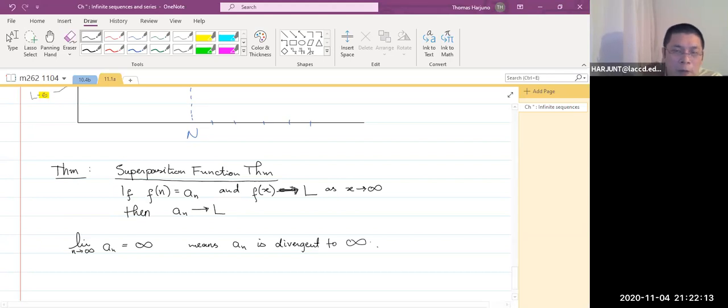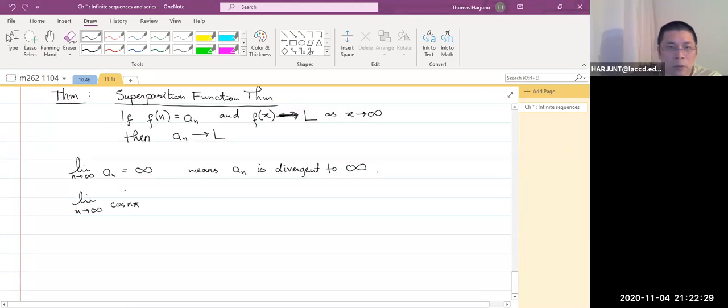It's a different type of divergence compared to the limit as n goes to infinity of cosine n pi. This is divergent because the limit does not exist. So cosine n pi is divergent, but not divergent to infinity.